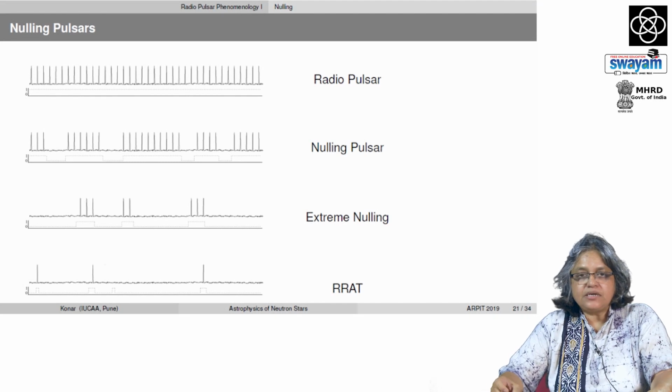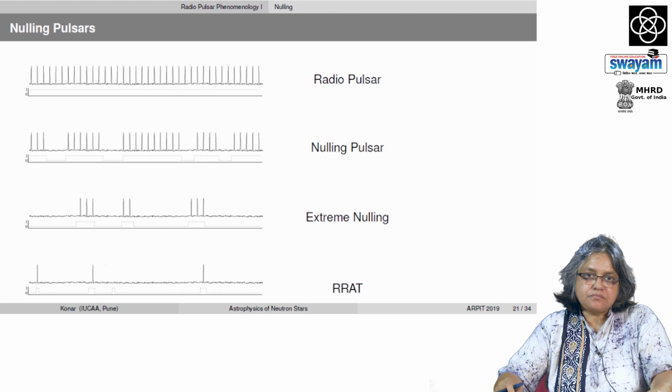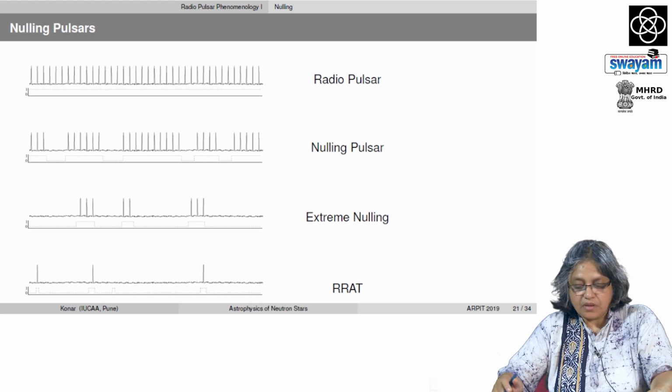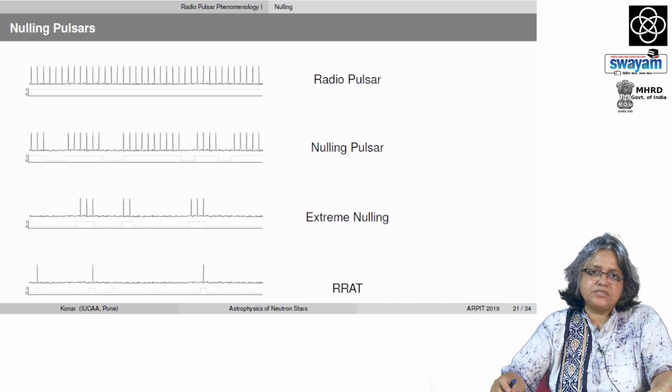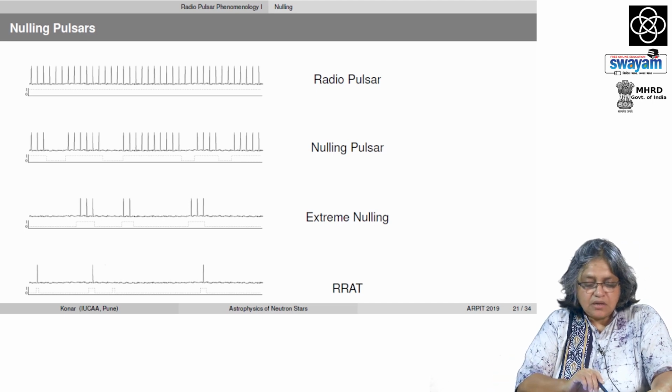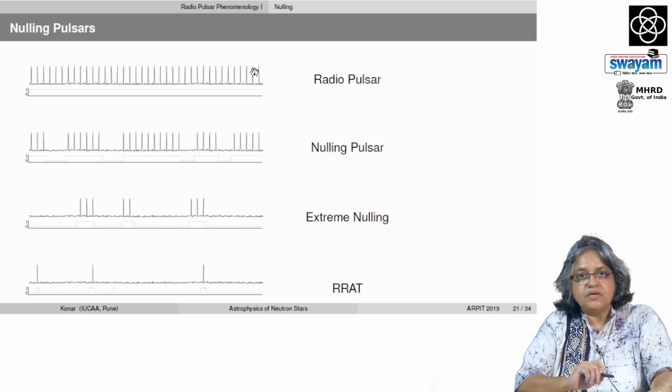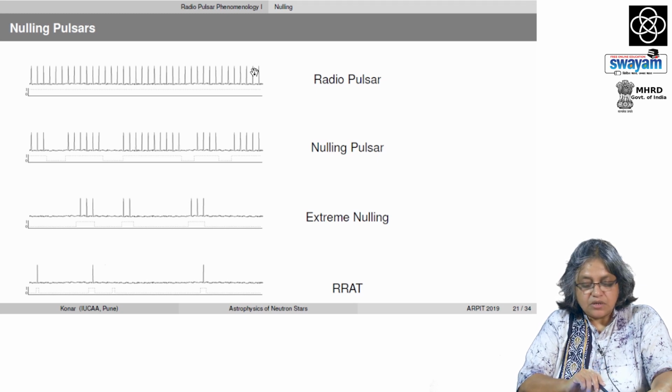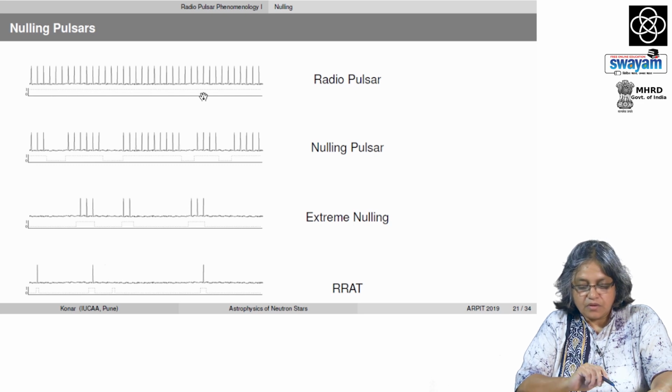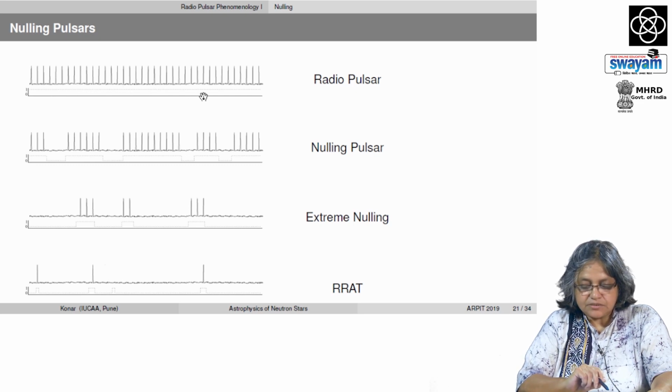Finally, let us discuss an interesting phenomenology that is observed for radio pulsars, that is the phenomenon of nulling. Now, for an ordinary radio pulsar, you would see the pulse trains appear regularly. So, you would have a very regular train of emission pulses.